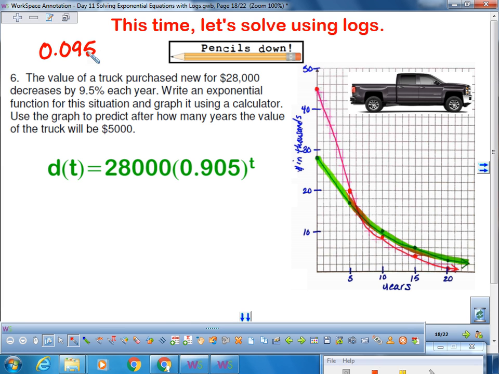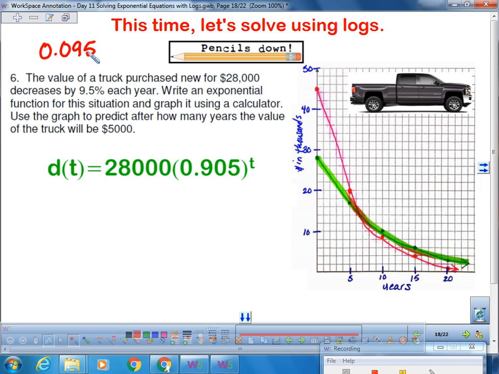Use the graph to predict after how many years the value will drop to 5,000. Where would I put the 5,000? So I want to know when this price is going to drop to 5,000.